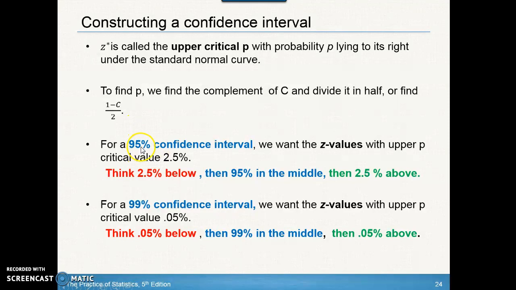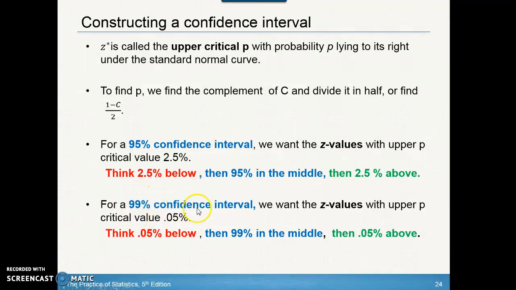So for a 95% confidence interval, we want the z-values with the upper P critical value of 2.5%. A 95% confidence interval is the middle 95% of the curve, and then we have 2.5% above and 2.5% below. So this would be your critical z right here, the upper critical z and the lower critical z.